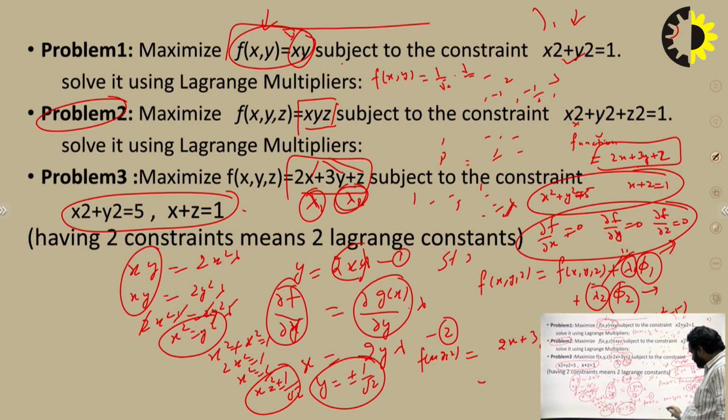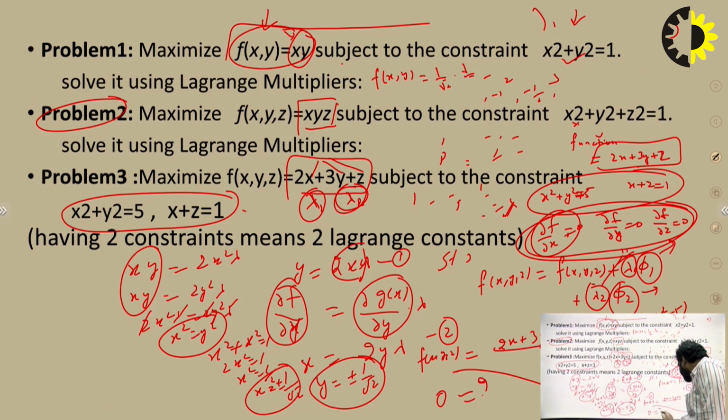So as three values, by taking the first differentiation with respect to x, taking this one as 0 and differentiating, that is 2 for this one, and this is lambda 1 into 2x, and this is lambda 2 into 1.